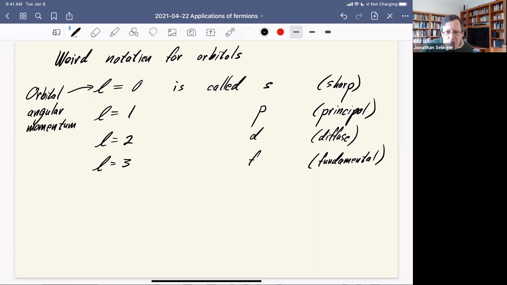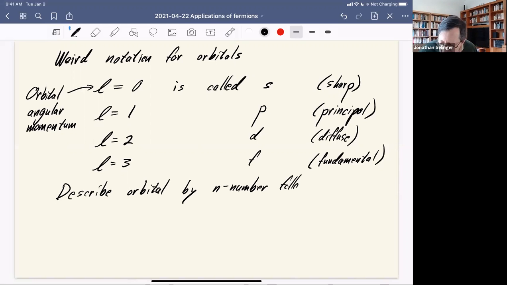And so you often will hear people talk about S electrons or P or D electrons, and this is what it means, right? It all has to do with this angular momentum quantum number, okay? And so in atomic physics, people can describe an orbital by the n number followed by the L letter.